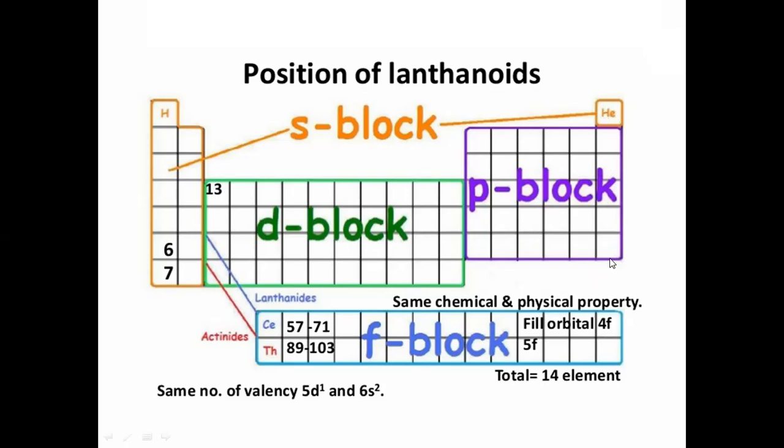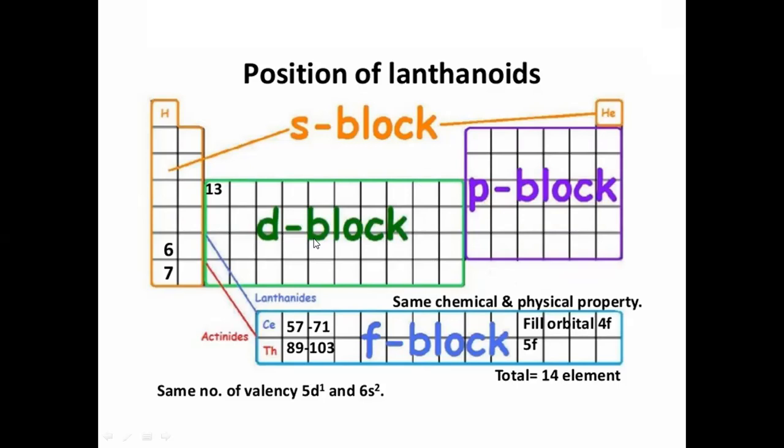Then in between the s and p block of the periodic table, this is the d block of the periodic table, which comprises the 3d series, 4d series, 5d series, and 6d series. As these elements are present in between the s and p block of the periodic table, hence they are commonly known as the d block of the periodic table.